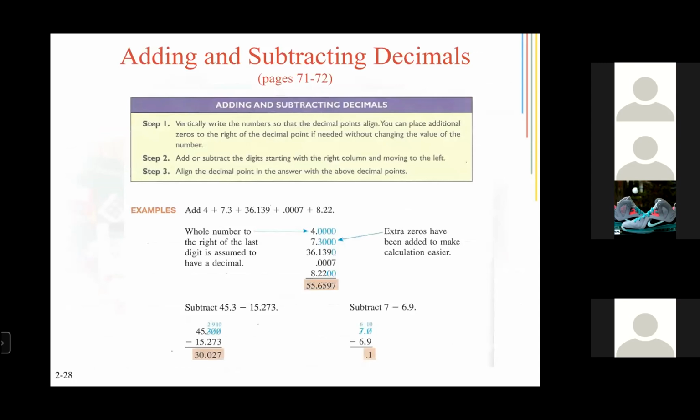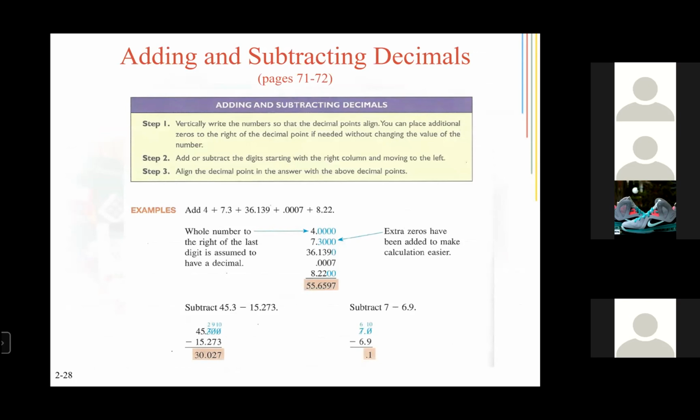All right. Now the addition and subtraction of decimals. I think you have enough information on that screen to tell me the procedure for adding and subtracting decimals if you're doing it manually. Of course, if you're using a calculator, you just enter it. But if you have to do it manually, what is the procedure?